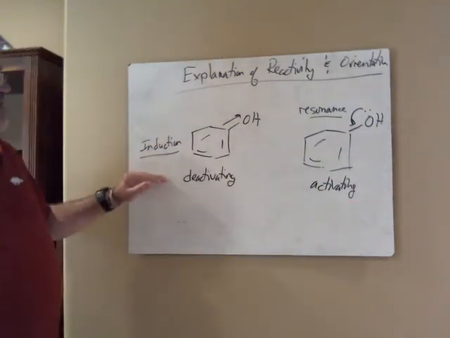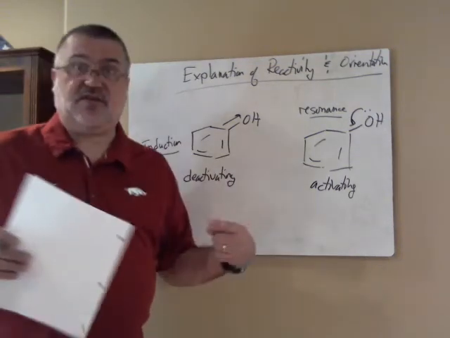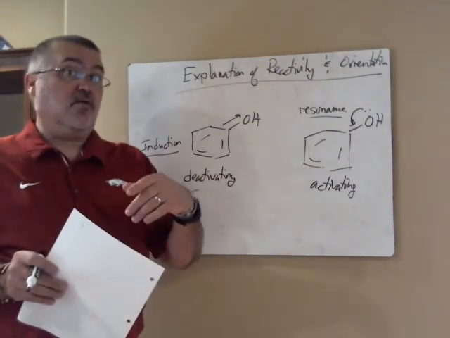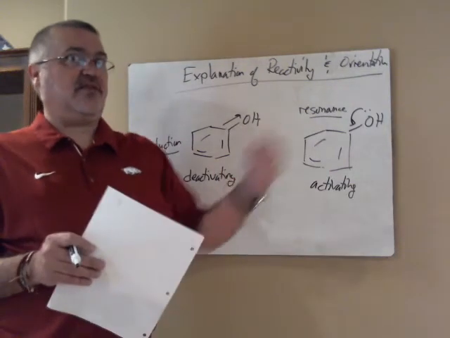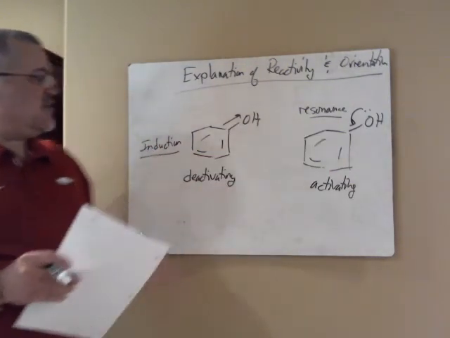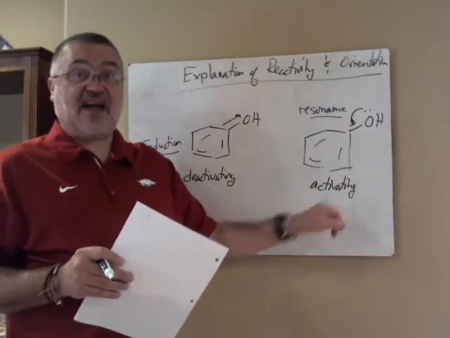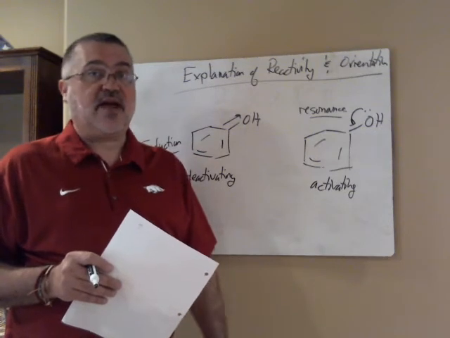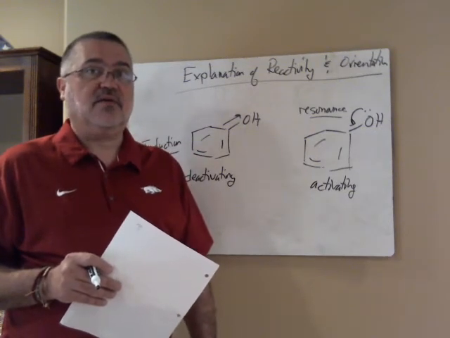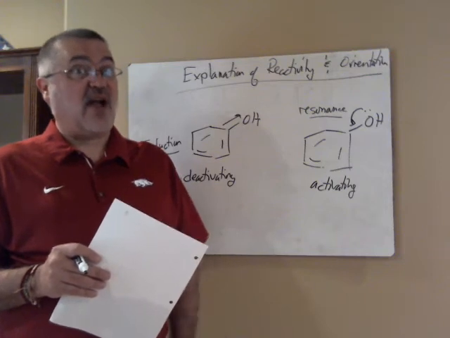So induction and resonance are working in opposition to each other in this case. Remember, nitro group, we just said it was inductively and resonance deactivating. Well, this substituent is inductively deactivating, resonance activating. Well, what did we say about OHs? Are they activators or deactivators? Remember on our table we said they're actually strong activators.